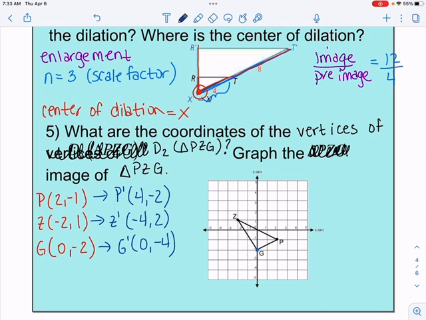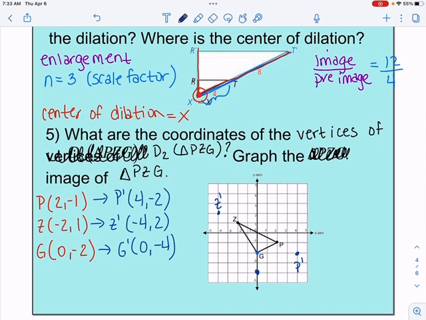So those are the coordinates, but now it also says graph it. So let's take a second and graph that. So P prime is the point 4, -2, so there's P prime. Z prime is -4, +2, so there's Z prime. And G prime is the point 0, -4, so there's G prime. And then we'll just connect our dots. And there is your new triangle.